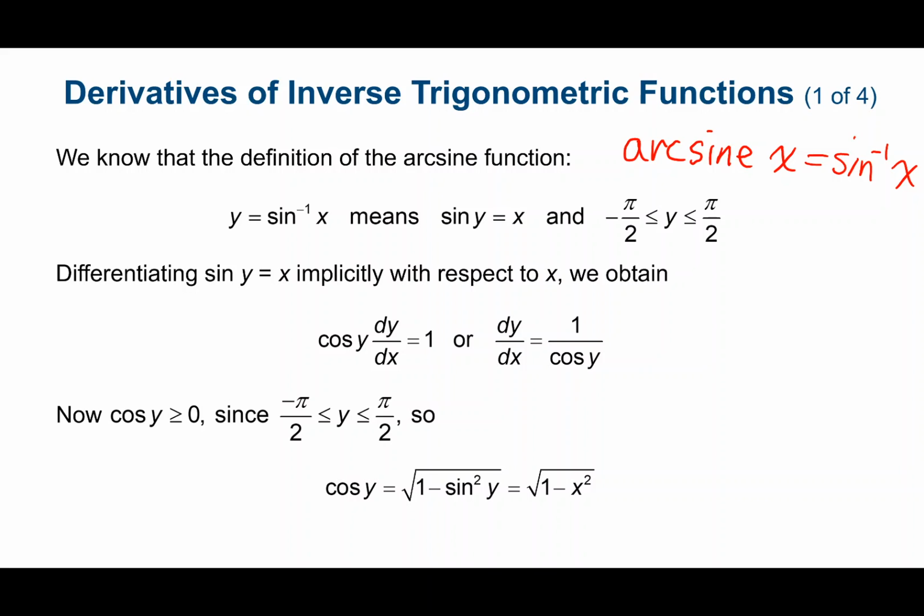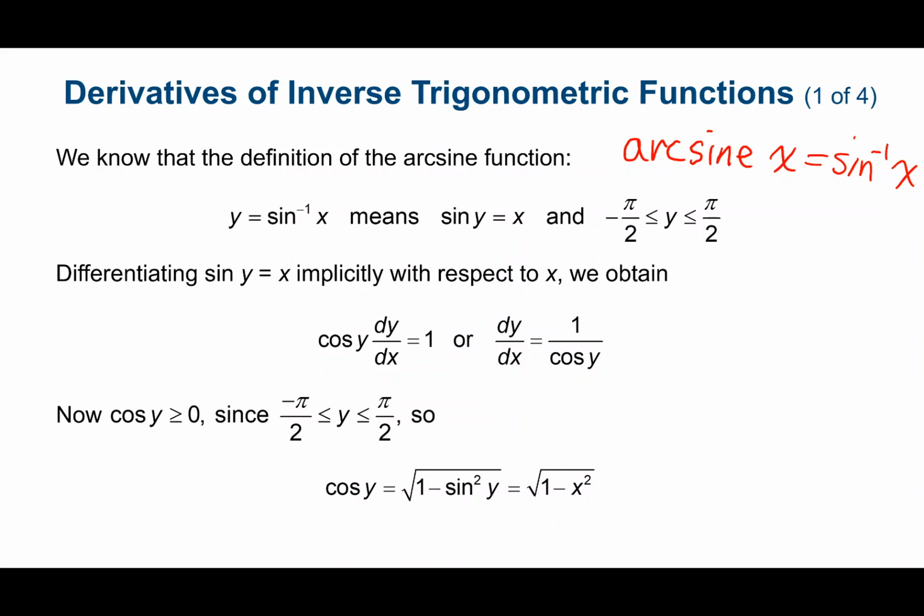So if we take the derivative of both sides in this form, we would have cosine of y times dy dx using the chain rule. And then taking the derivative of x, we would just get 1. If we rearrange that, we get dy dx is 1 over cosine y. And then because of our domain, we get this.